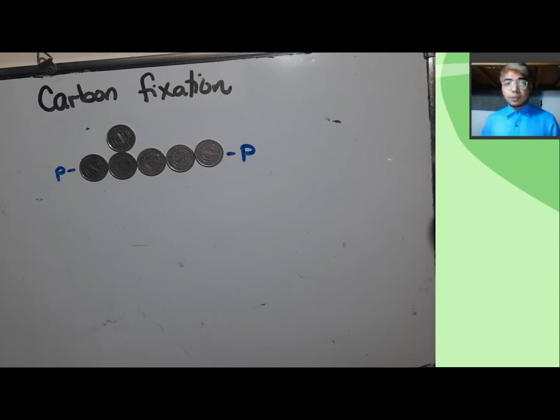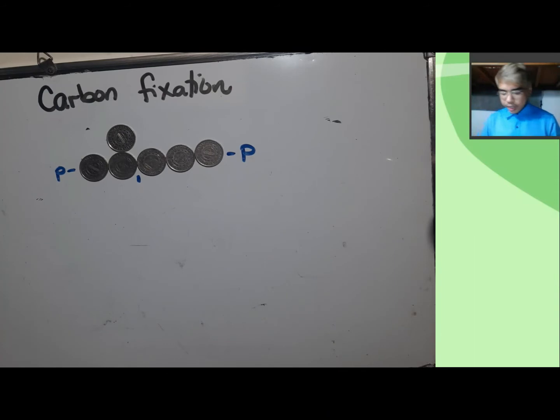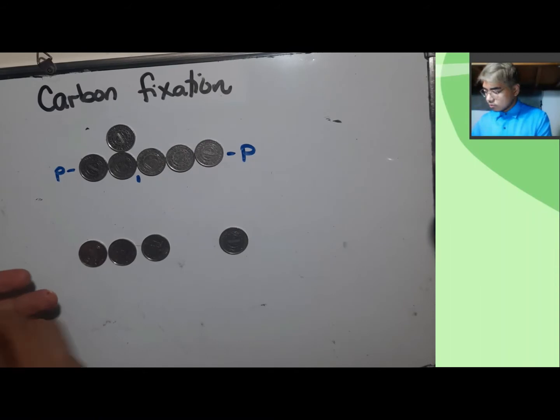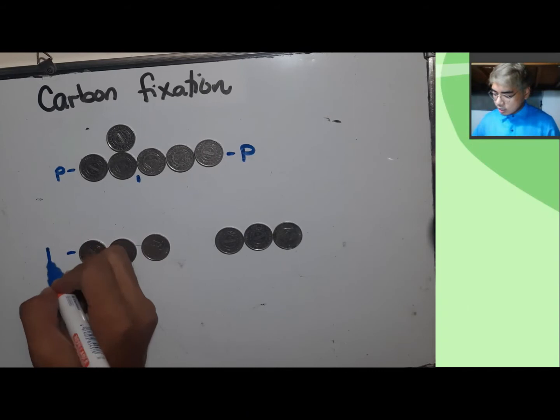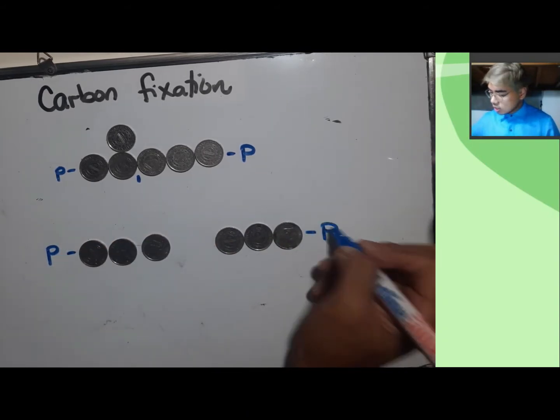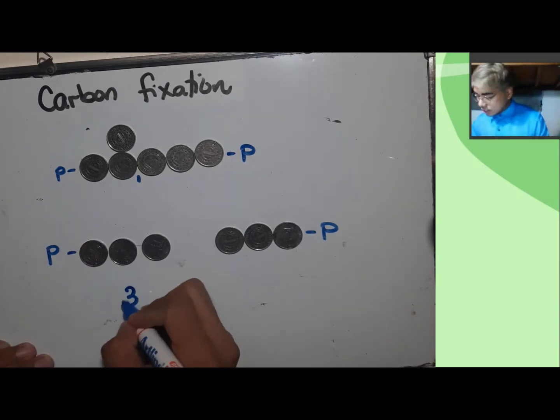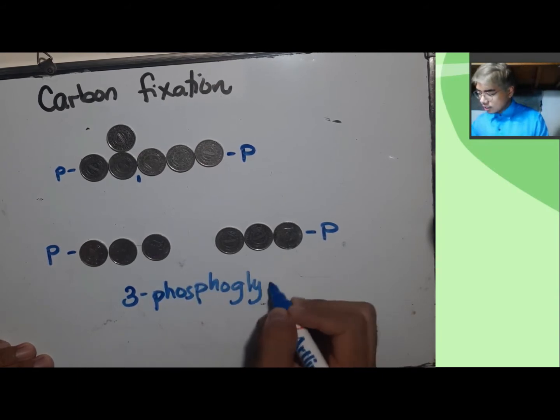The last part of the process of carbon fixation is when the short-lived 6-carbon intermediate compound is cut in half to create two 3-carbon compounds possessing one phosphate on each end. And this substance is known as 3-phosphoglycerate.